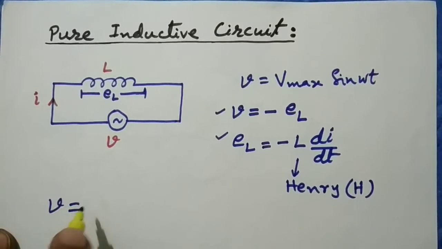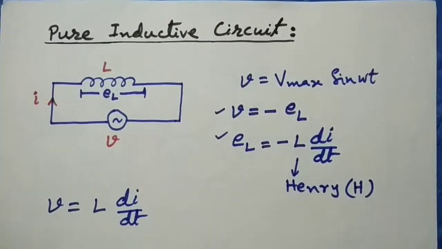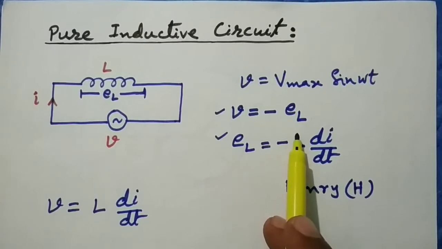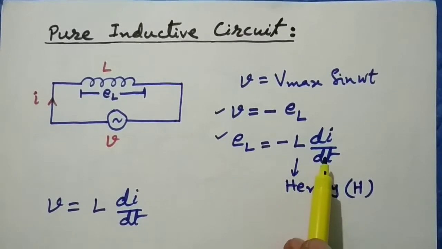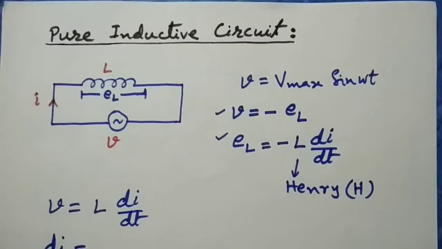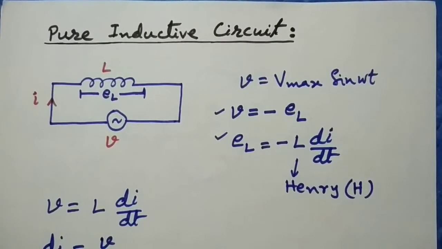So now from these two relations we can write V is equal to L di upon dt, because V is equal to minus EL and EL is equal to minus L di upon dt. So now we can write di is equal to V upon L dt.